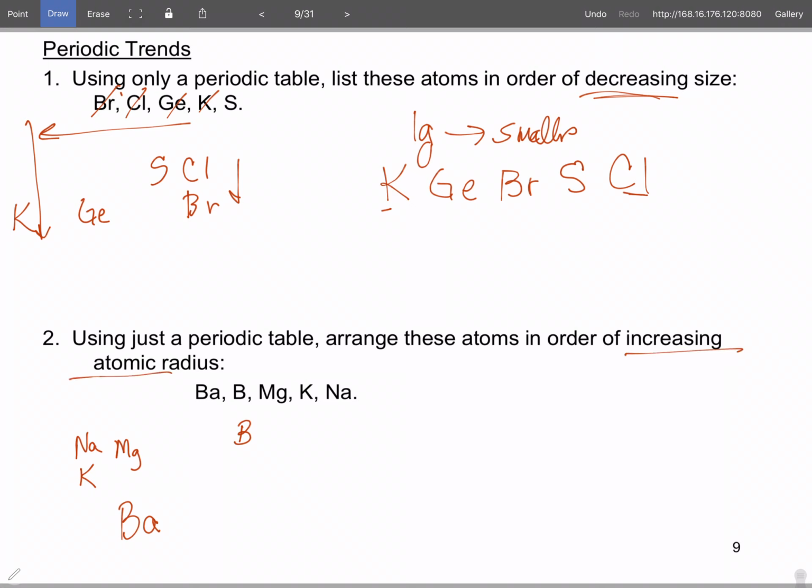And they want increasing, so we're going to do small to large. That means that the smallest one is boron, which is really way over here, and the largest one is down there at barium. So then we're going to go backwards, so then it's potassium. Remember, sodium is going to be larger than magnesium.